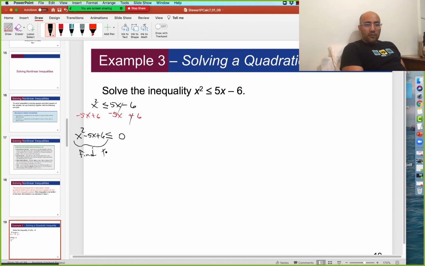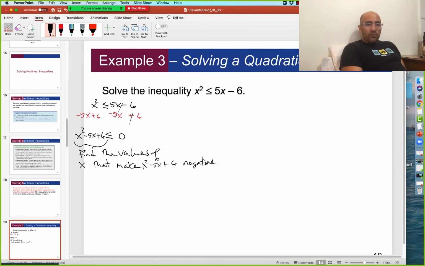Find the values of x that make x squared minus 5x plus 6 negative. That's what this statement is asking. What values of x produce a negative number?